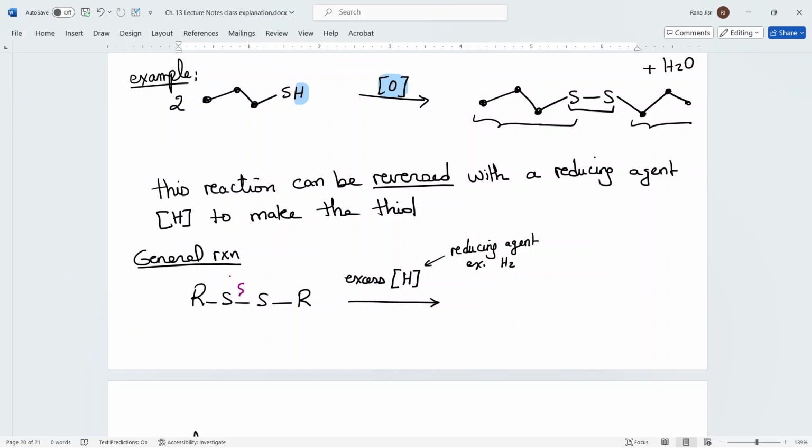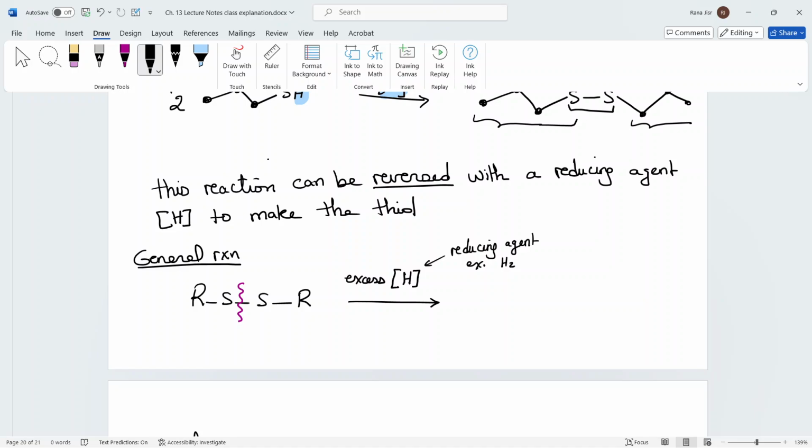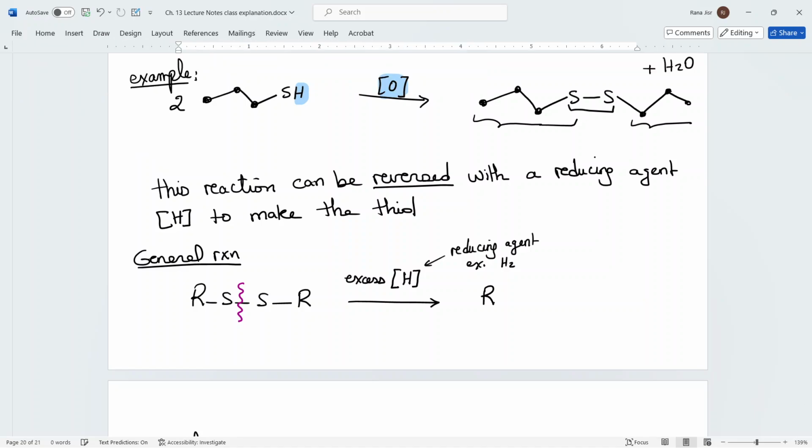So we're going to break the bond between the 2 S's, the disulfide bond, because this is the weakest bond to be broken. Then the reducing agent will add a hydrogen to every sulfur. So my product in this case is going to be an RSH plus an RSH.